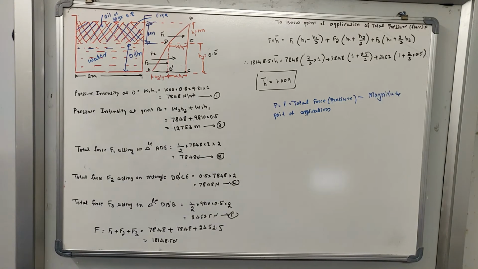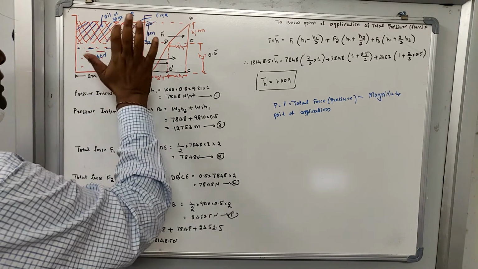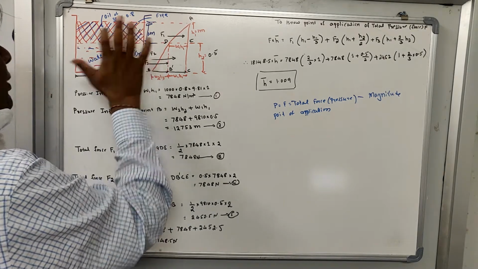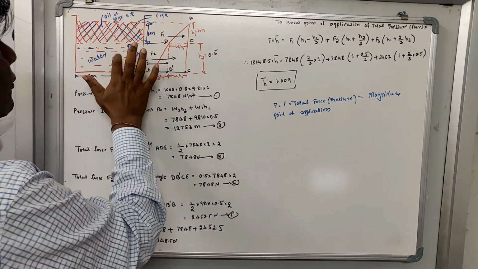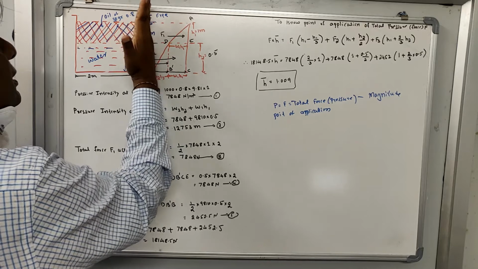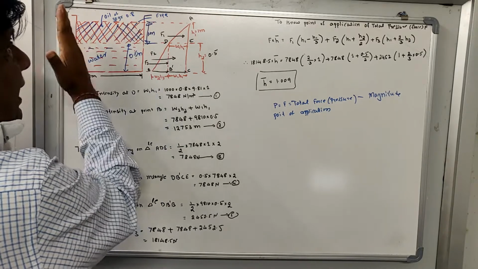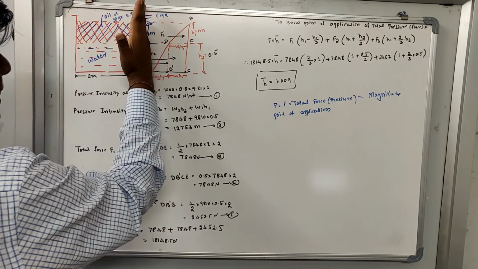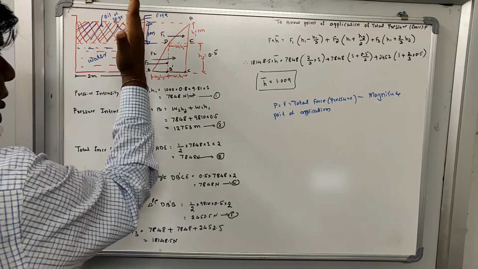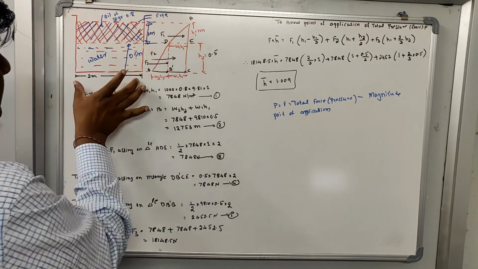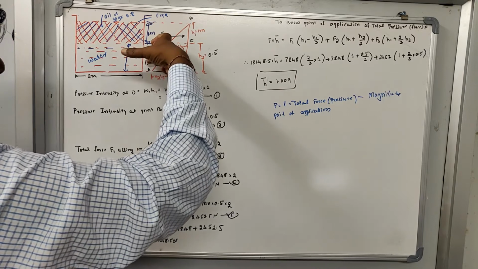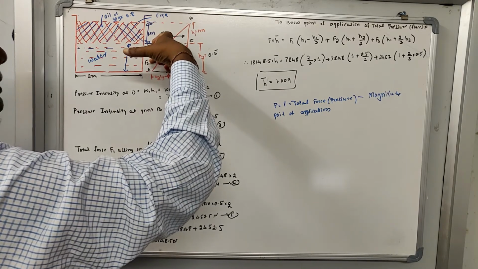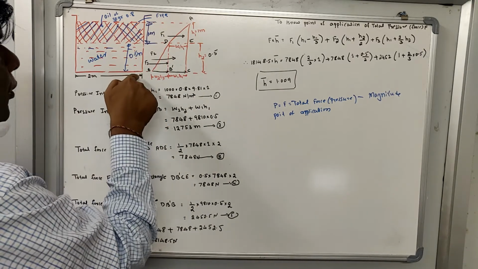Now the question is, you have to calculate the force exerted by these two fluids on the supporting walls of the tank. The tank is perpendicular to this board. This is the width, that is the thickness; the thickness of the tank is perpendicular to the board.